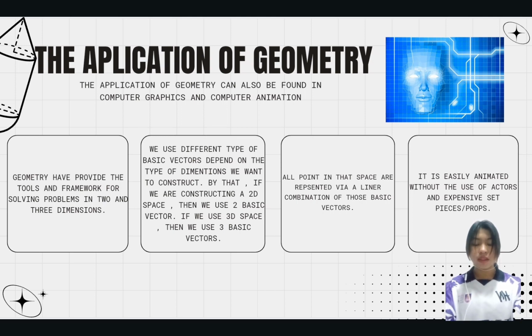If we want to construct a 3-dimension space, then we use 3 basic vectors. As we can see in the picture above, all points in that space are represented via a linear combination of those basic vectors. It is easily animated without the use of actors and expensive set pieces and props.